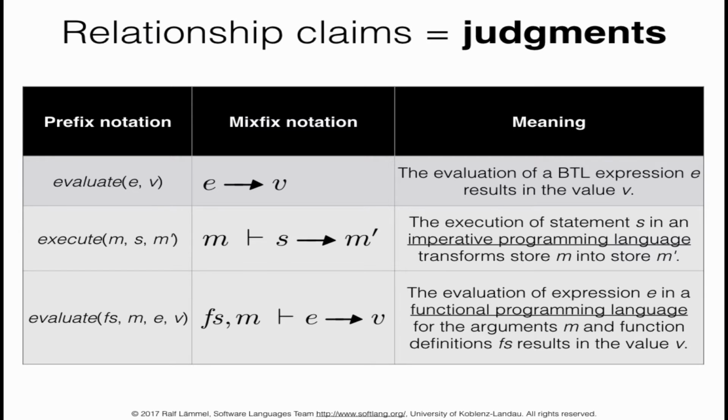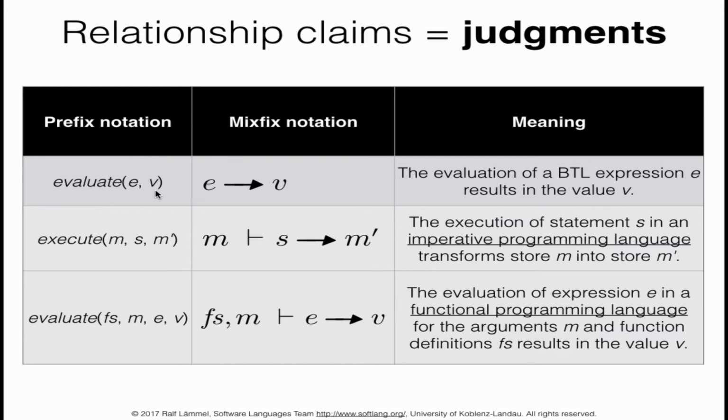Within the conclusions and the premises, we make relationship claims. In the case of BTL, we relate expressions and values. The format for these relationship claims, we also call judgments. We might use a very nice to read prefix notation.